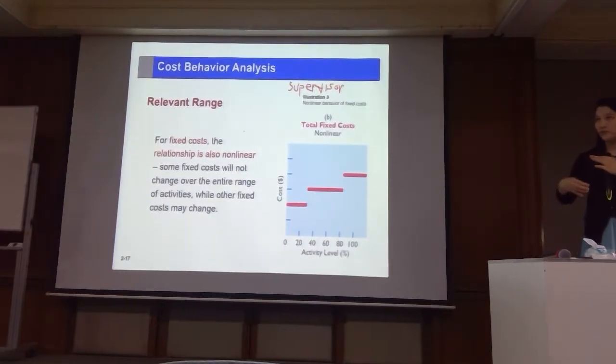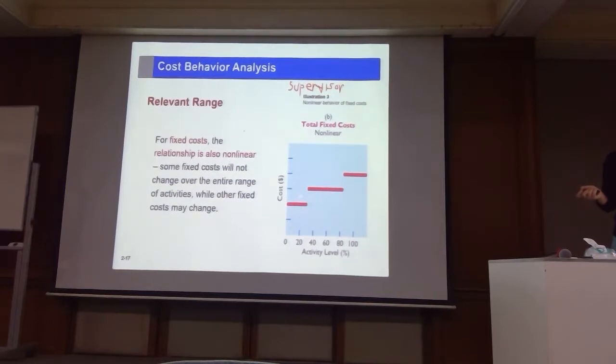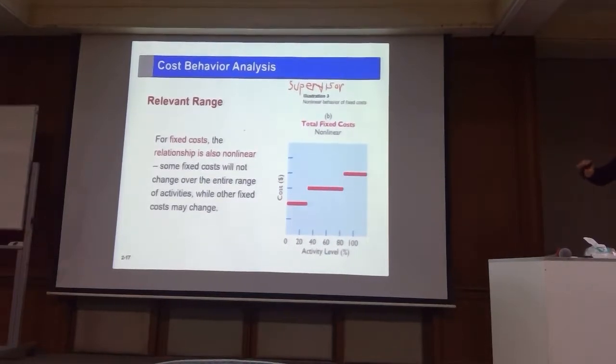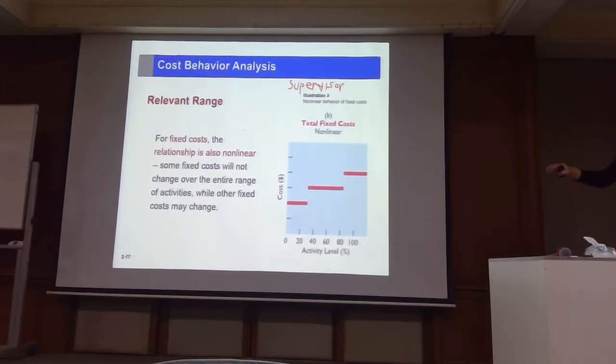But when you increase your production, you hire more workers. Let's say your workers increased to 19, so you need 2 supervisors now, right? So the salary of the supervisor tends to be like this. And if you increase again, maybe you hire about 35 workers, so you need 3 supervisors for that. So the total fixed cost tends to be step by step, okay?